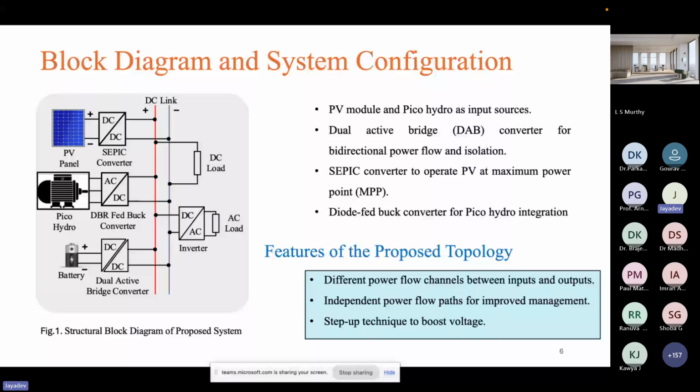But you cannot use different DC links at a time. If you are using 220 volt, you can use only 220, and later, if you want, up to 400 you can use. That doesn't mean you are using 400 as one DC link and 220 as another DC link. At one time we can use only one voltage.